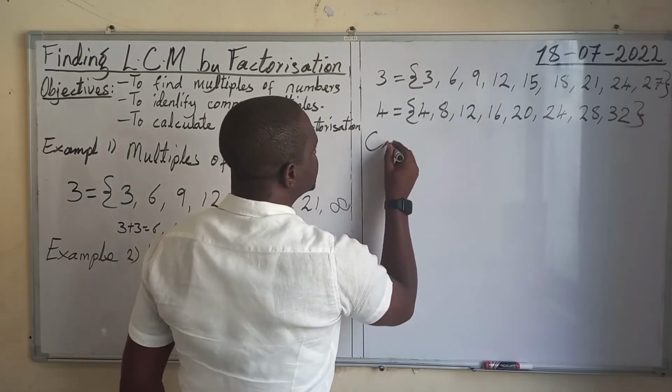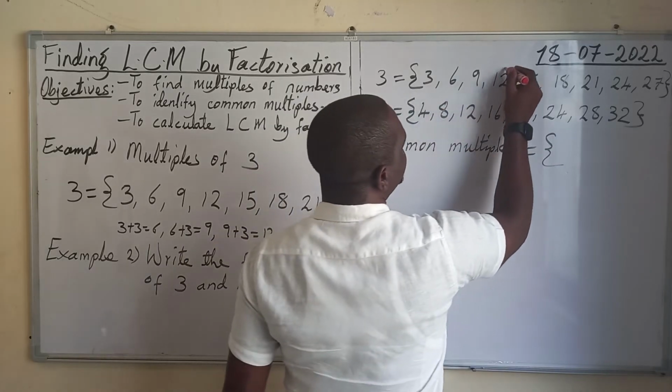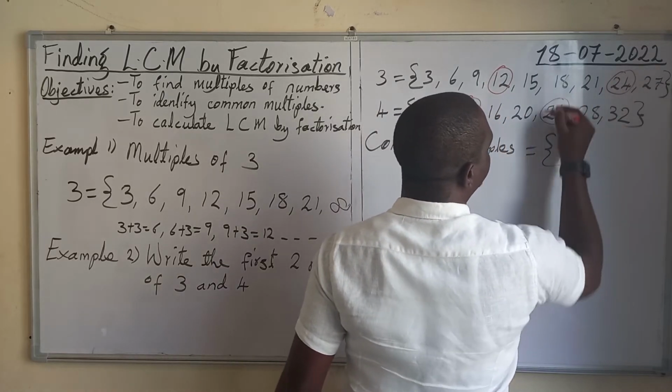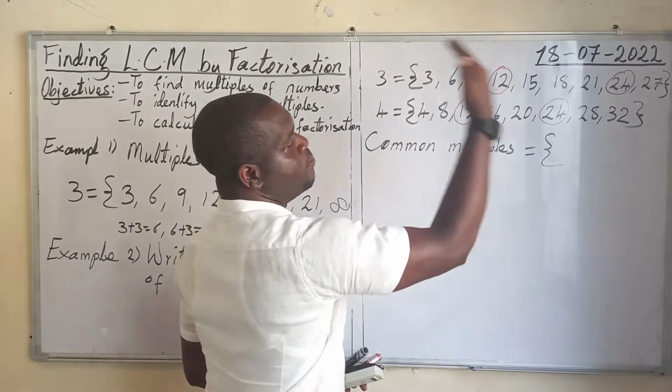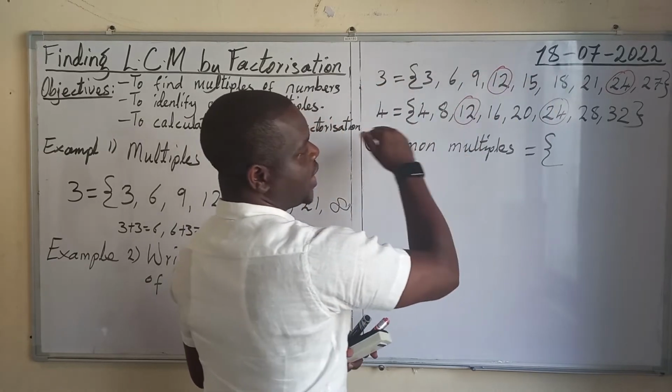Common multiples are, if you go carefully, you realize that we have 12, we have 24. If you continue, you realize that there are more and more multiples that are common to 3 and 4.